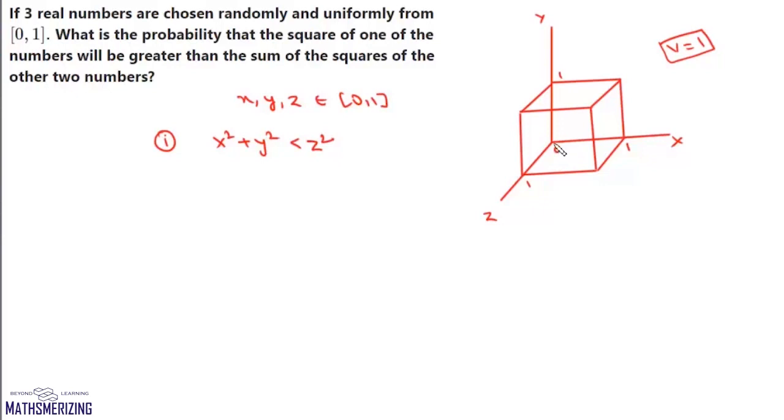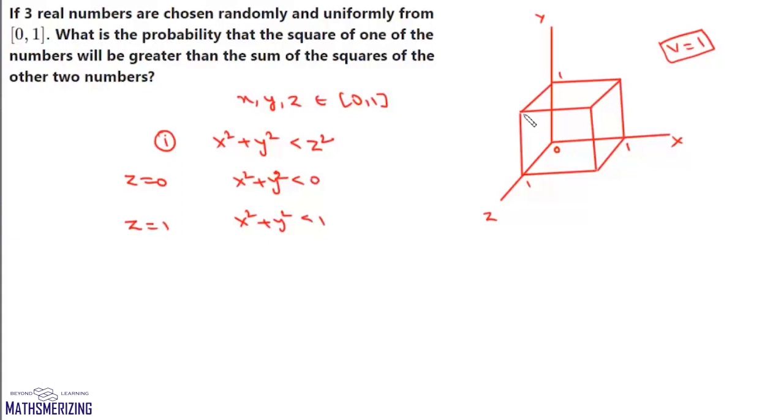Value of z starts from 0 and then it goes all the way up to 1. So when the value of z is 0, it represents all the points inside this point circle. And if z is equal to 1, then x and y will correspond to all the points inside the circle whose radius is 1.